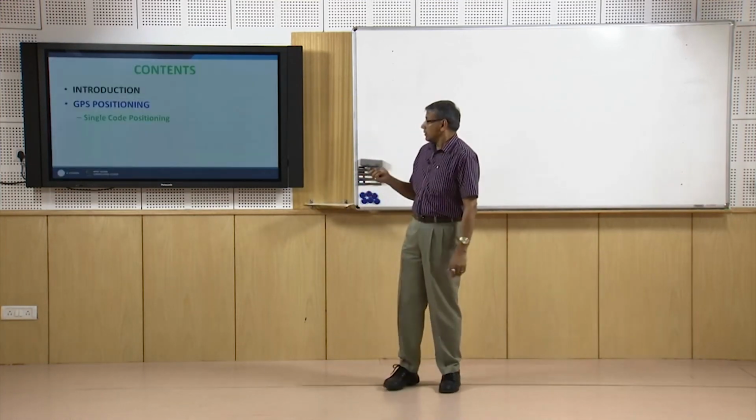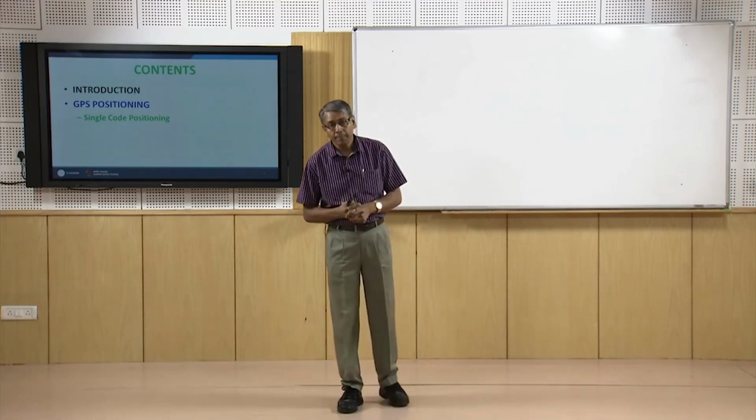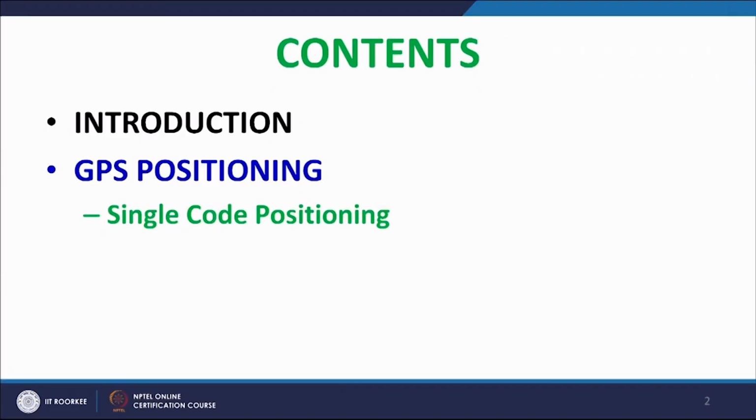Now today's class I will be discussing GPS point positioning. That means we will be considering the GPS observables from a single receiver and of single code observables, which is the CA code observables.